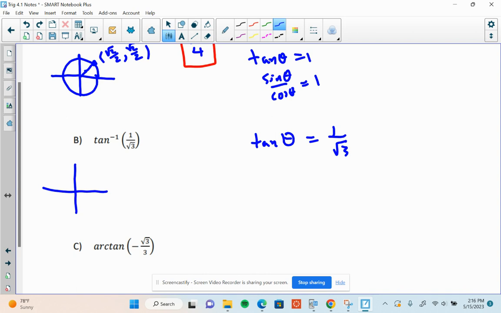And the tangent value has to be 1 over the square root of 3, which, if you remember, is also the square root of 3 over 3. So we have to figure out if it's the pi over 6 or if it's the pi over 3. Those are the ones that have the square root of 3 in them.